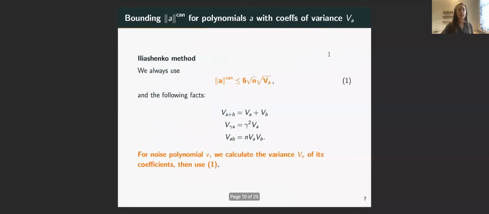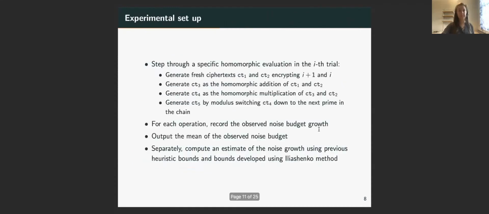But what we do now in this work is that we first multiply the random variables and then we apply the canonical embedding, meaning that we always use this term of 6 here, even for a polynomial A that is the product of several random variables. And this allows us to get the bounds to be tighter. And then we use these facts about variances.